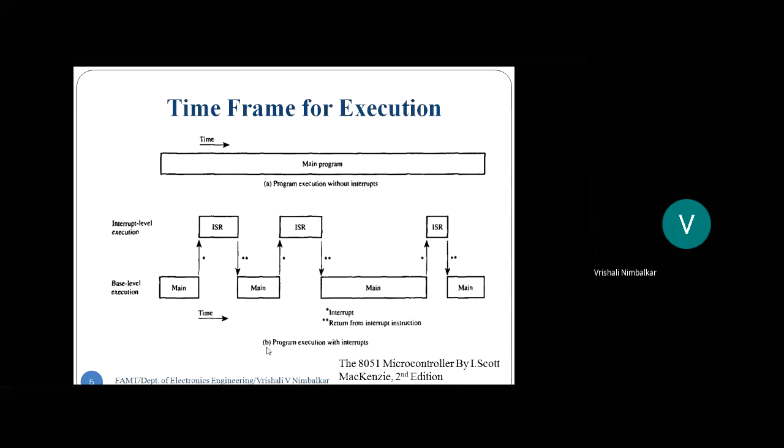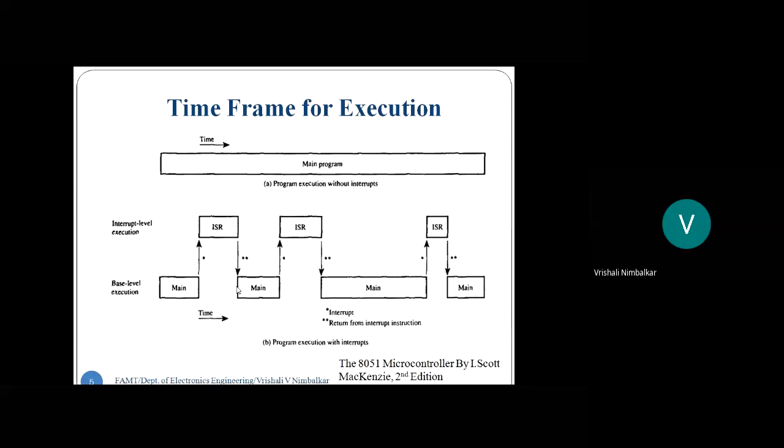But look into figure B. The microcontroller is executing the main program. Start from the left hand side. So initially, the microcontroller is executing the main program. On arrival of an interrupt, it stops the execution of the main program, jumps to the ISR, executes the ISR, and on the interrupt return instruction comes back to the main program.